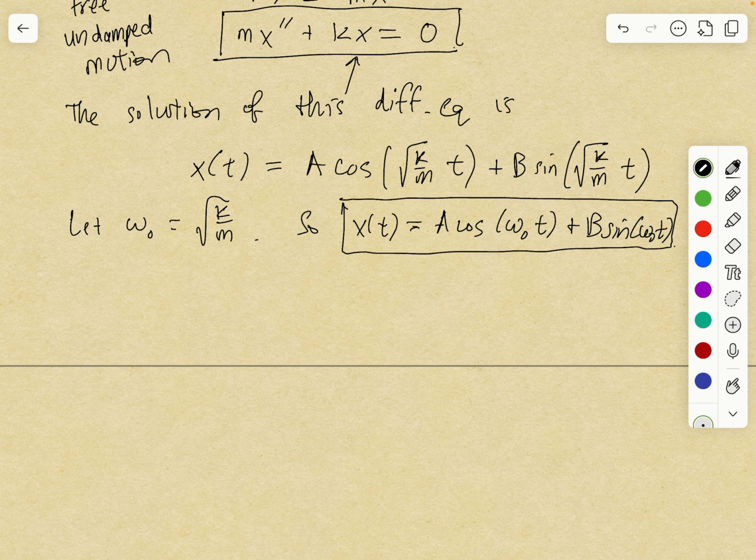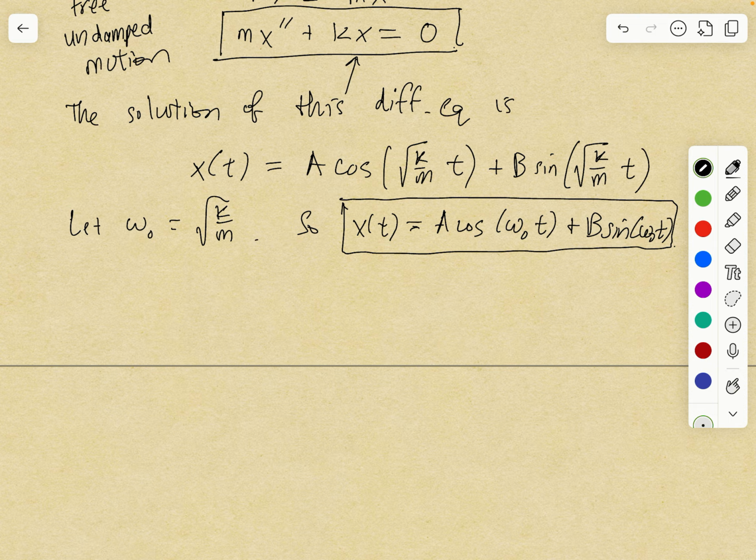Okay, so going back to this, we want to know what the graph of this looks like. Now we know how to graph each of these terms separately. So you know how to graph A cosine omega naught t. That's just, you take cosine and then you stretch it by a factor of A vertically, and then there's a horizontal compression or stretch by a factor of omega naught.